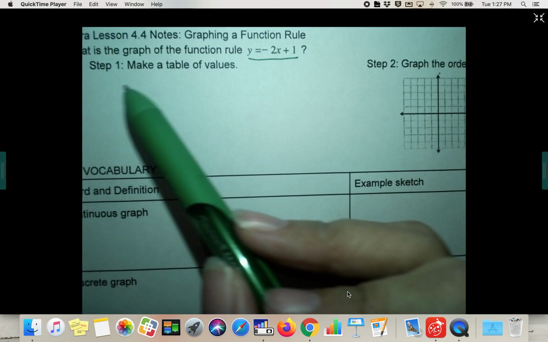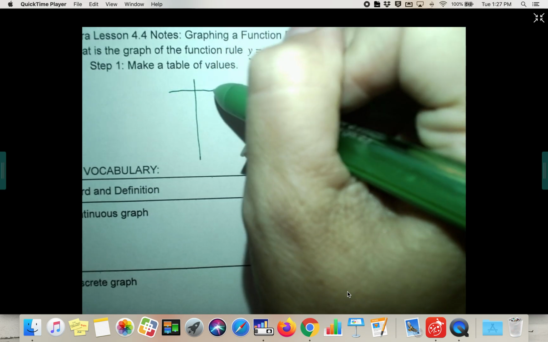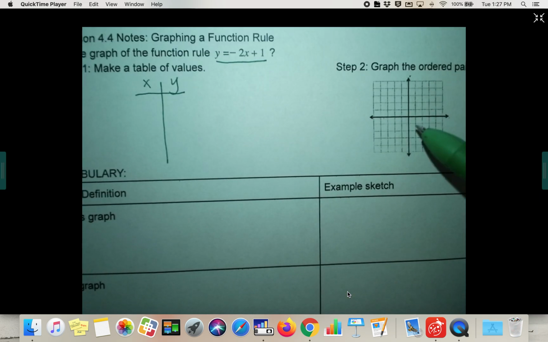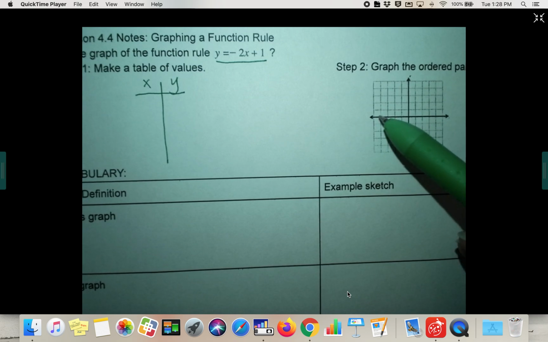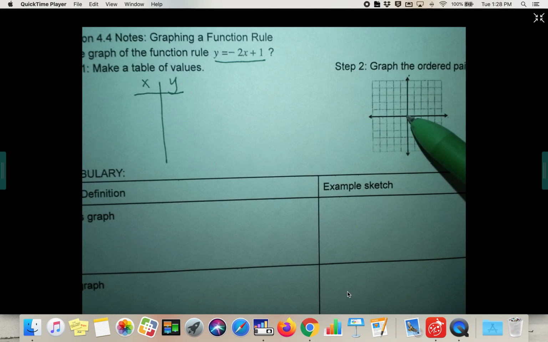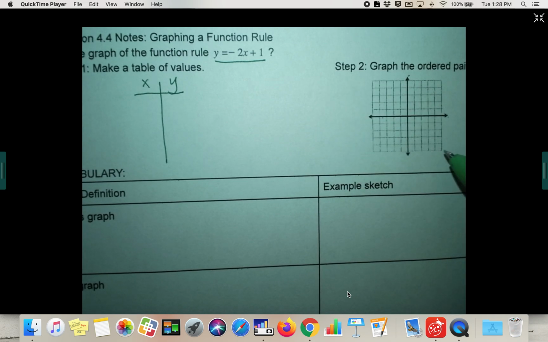Well, step one is to make a table of values. So we're going to make an x and y table. We don't know exactly where this is going to be, but let's choose some values on the x-axis that make sense. I don't want to choose negative 10 because then wherever negative 10 is, there's going to be a dot somewhere, and that's not going to be on my graph.